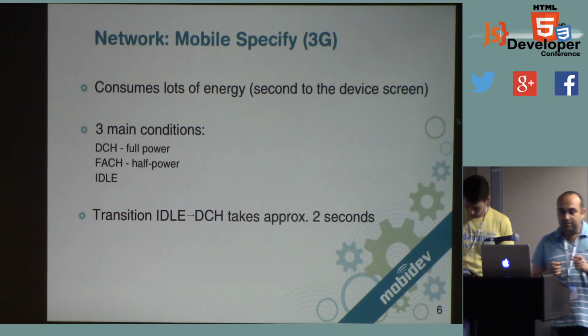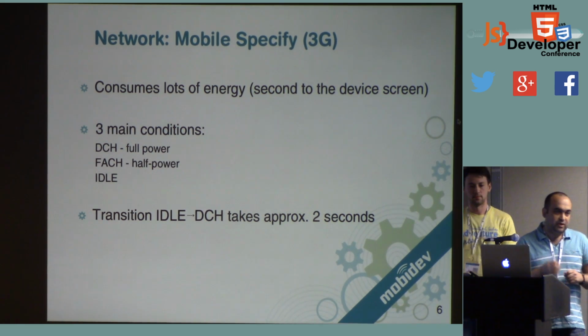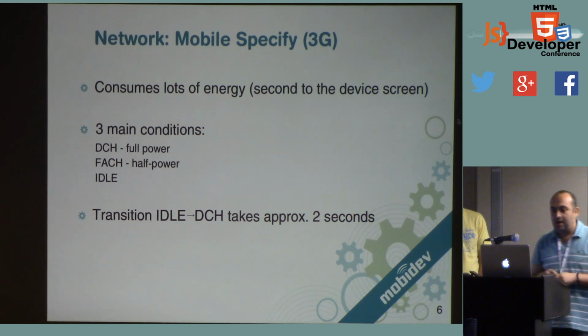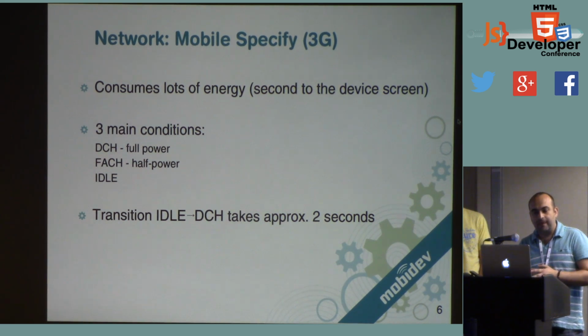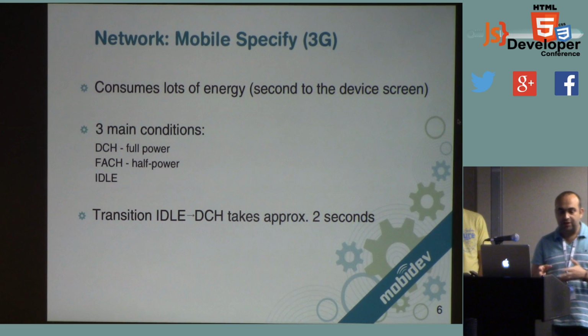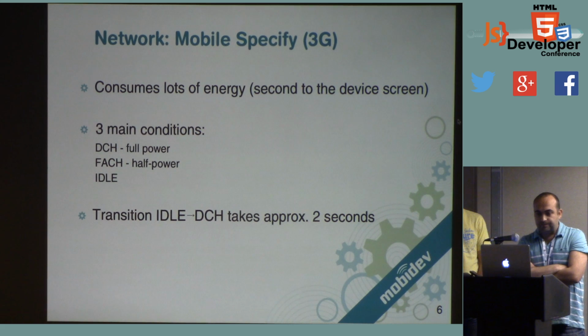It has three main states. DCH is full power, when you transmit data. Second, when the transmitter has half power, is named FACH. It's when the transmitter is waiting for data. And idle.